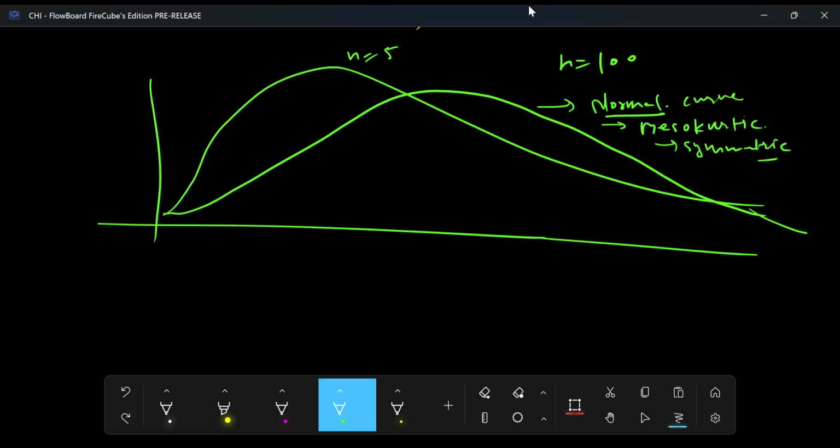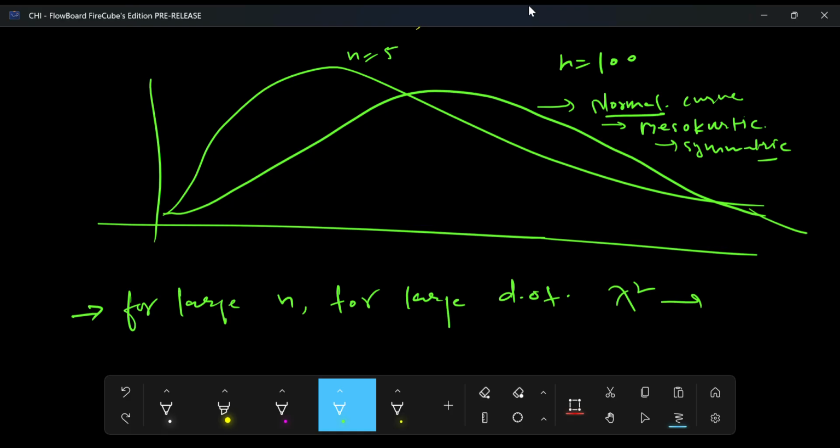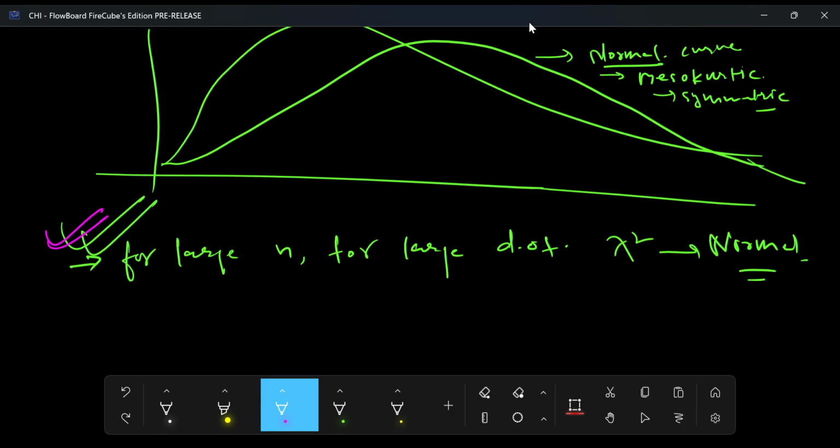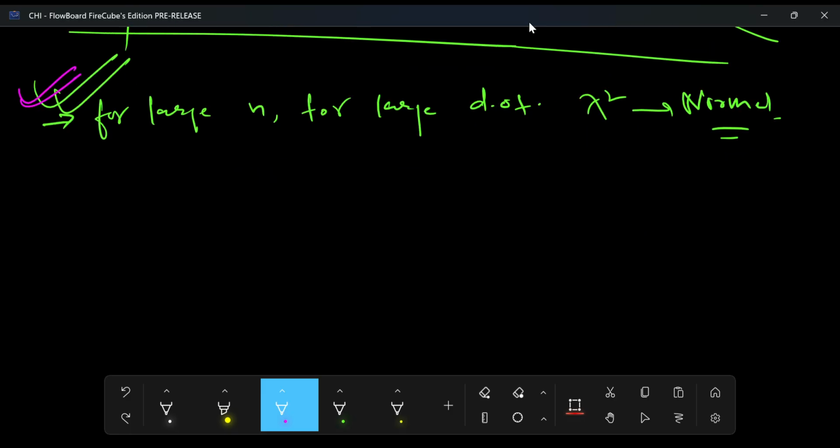For higher degrees of n, we get the normal curve or mesokurtic. So from this we can conclude that for a large n, or large degrees of freedom, chi-square will tend to normal. Remember this, chi-square will tend to normal.